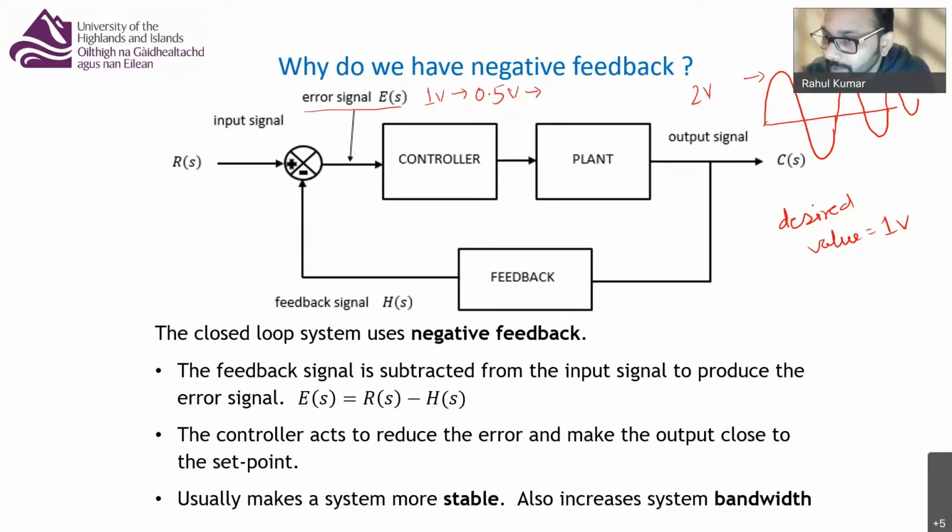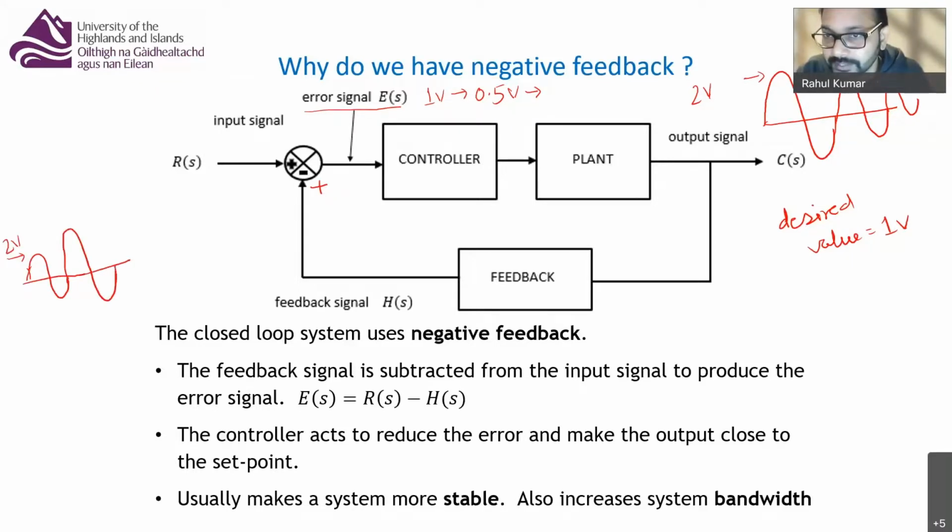Right? Now imagine a situation where you have plus here, where you were adding the output signal. Just the opposite will happen. Let's say you have 2 volts at the beginning. Then if you are adding, your error will increase.